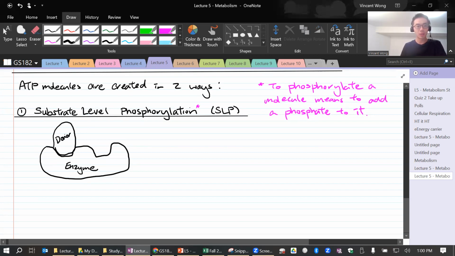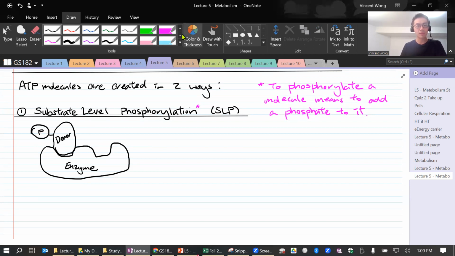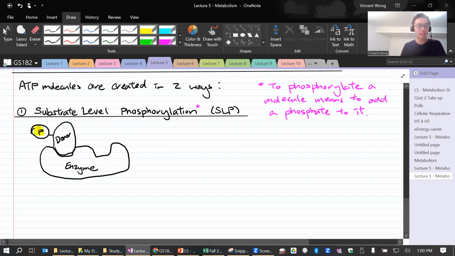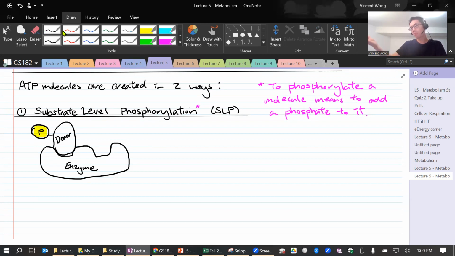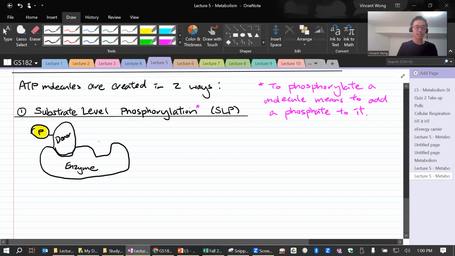This donor molecule has a phosphate. It doesn't mind giving it away. It's like, you know what? Take my phosphate, no problem. I'll give it to you. Please take it. And then here we're gonna have ADP.